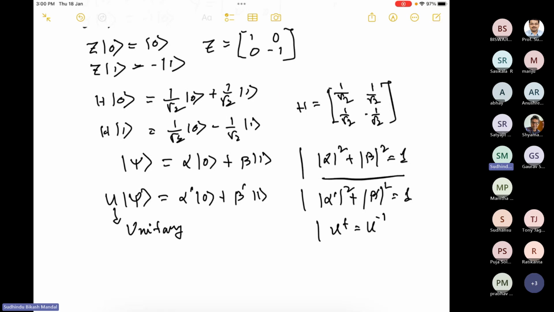This is the condition: any quantum operator should be unitary, and this is why it is a norm preserving operator. From your linear algebra course, the determinant of a unitary operator is always 1. That's why a unitary operator preserves the norm.